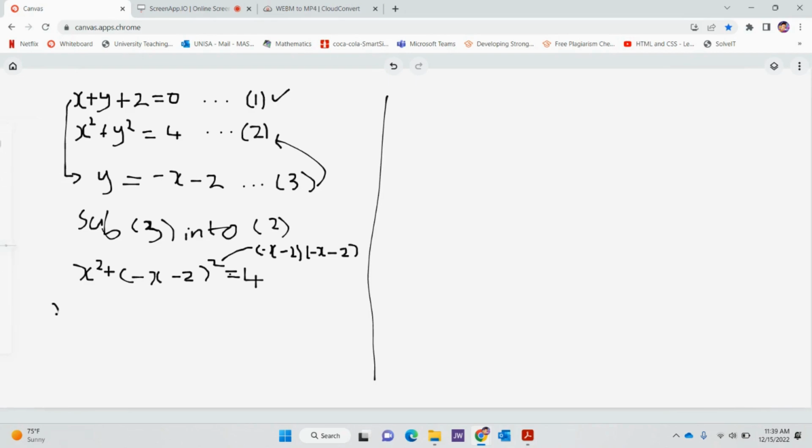So we're going to have x squared, okay, minus x times minus x will then give us plus x squared. Then we're going to have minus x times minus 2, which is plus 2x, and minus x times minus 2, which is plus 2x. Plus 2x will then give us plus 4x.